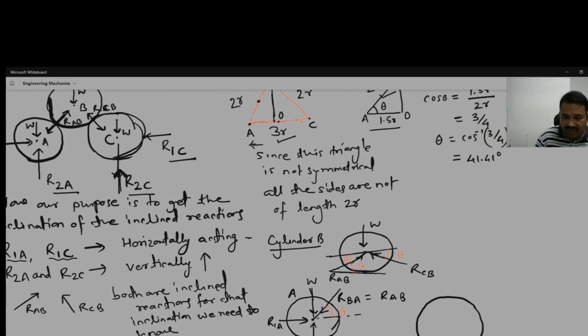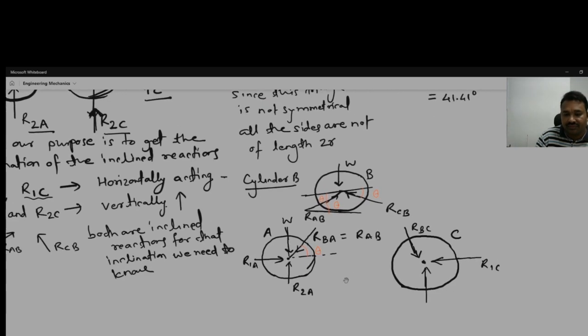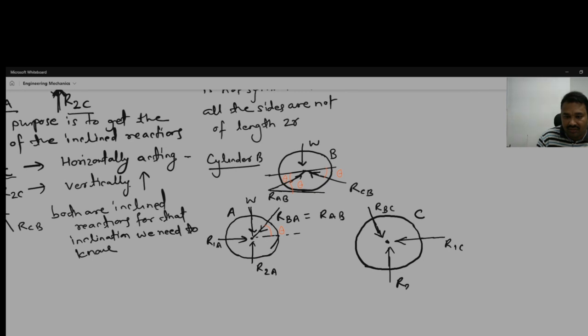So reaction from, this is the center, and the cylinder name is C, and the reaction coming from the cylinder B. This is the cylinder B. So it is R B C, and here R1C, here R2C.